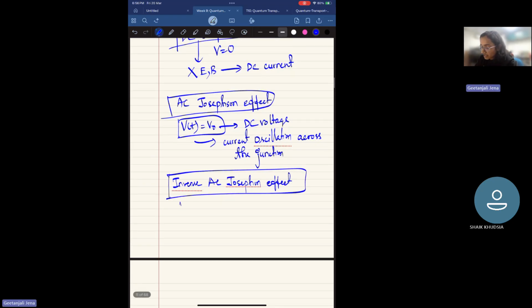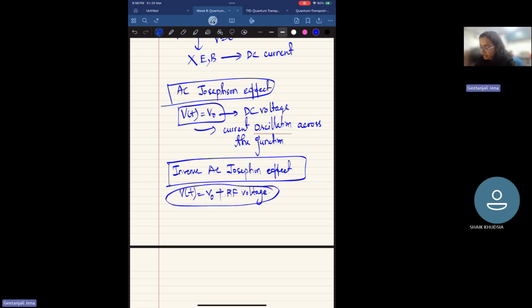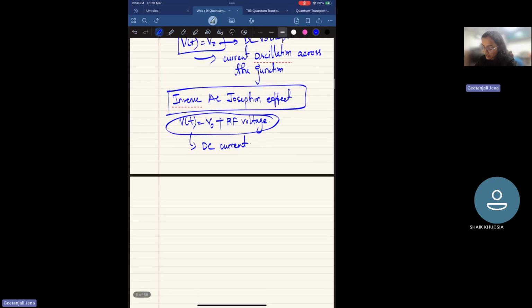For this, instead of only a constant DC voltage, we also have an AC voltage, an RF voltage, added to the DC voltage. When we apply this time-varying voltage, we see DC current. This is the inverse AC Josephson effect.